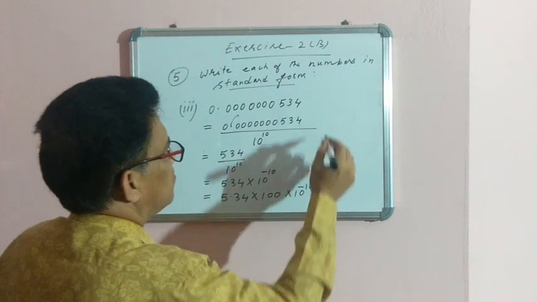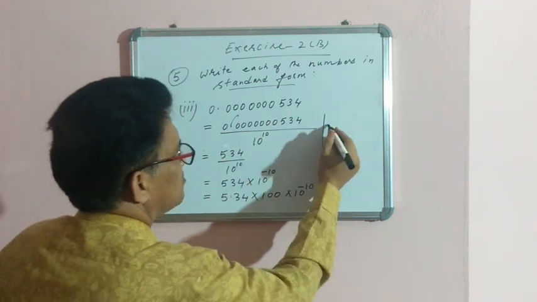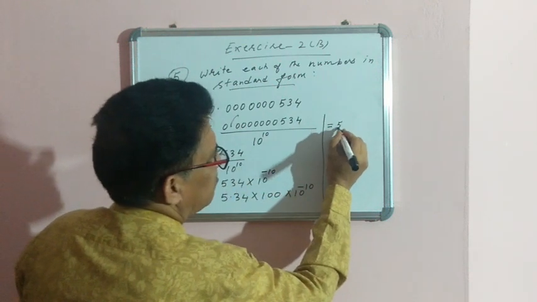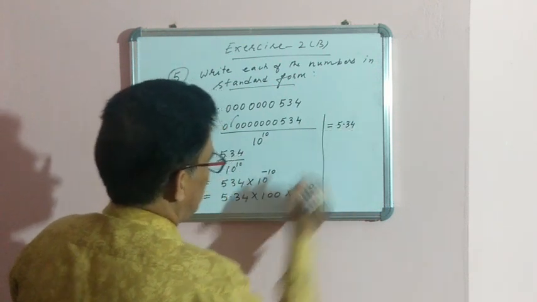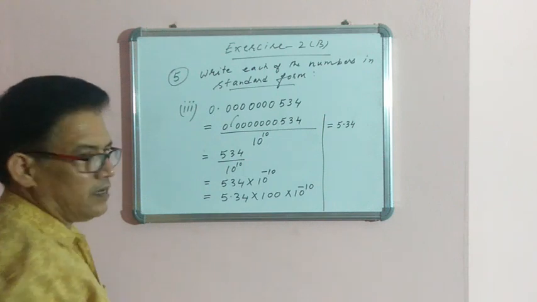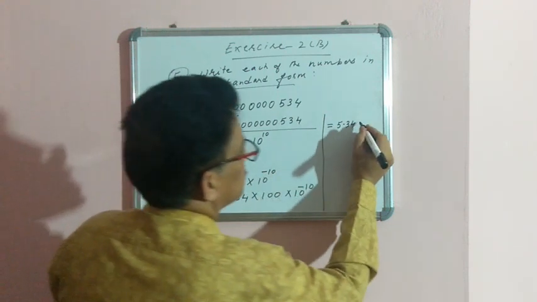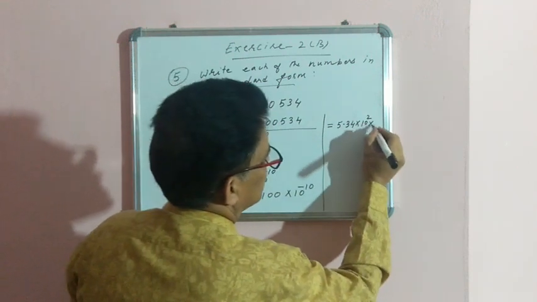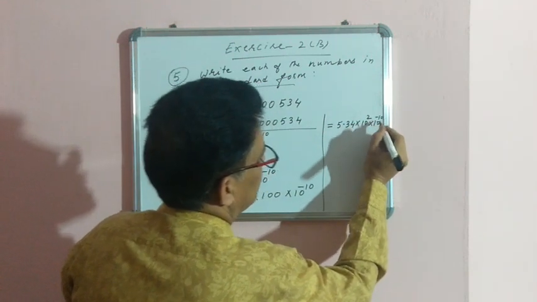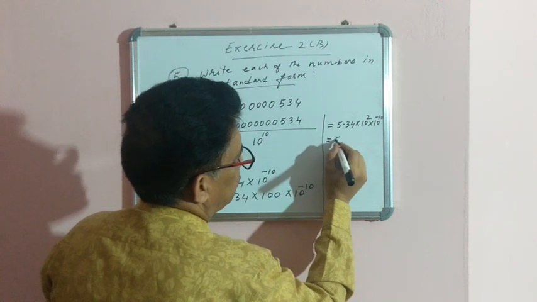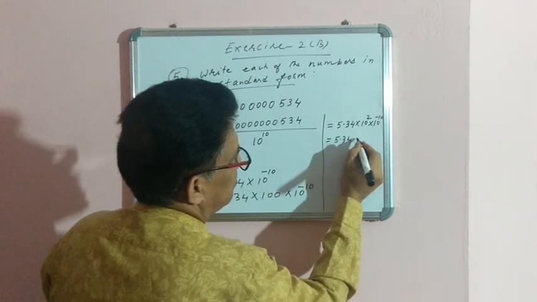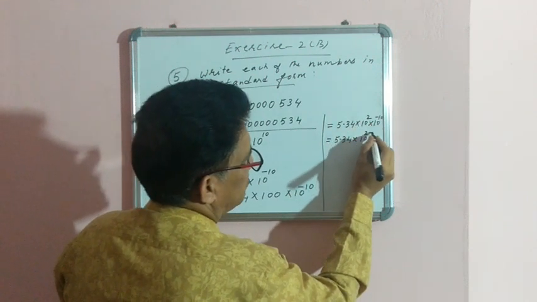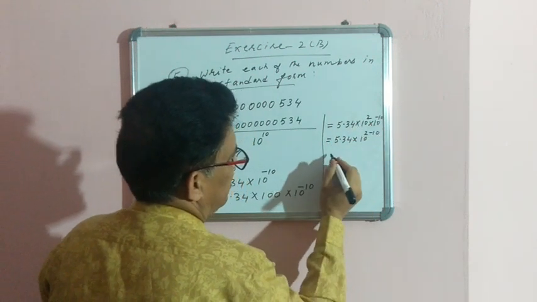Then this is equal to 5.34. This 100 we can write as 10 power 2. So 5.34 into 10 power 2 into 10 power minus 10. So we are getting 5.34 into 10 power 2 minus 10.